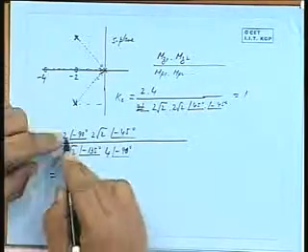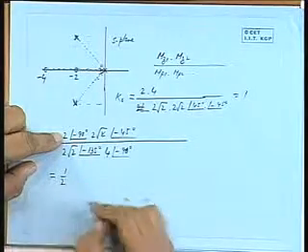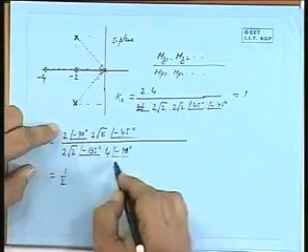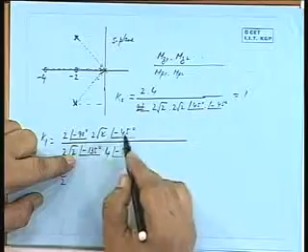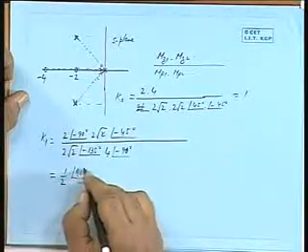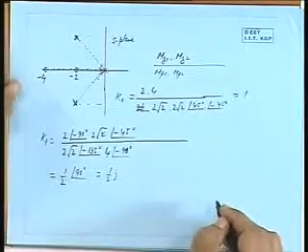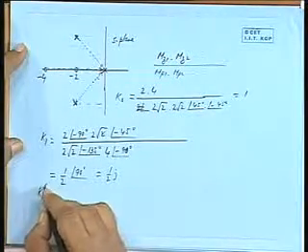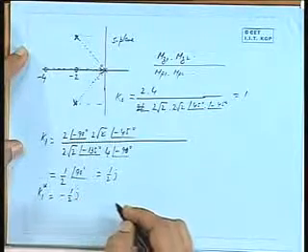So how much is it? 2 2s are 4, root 2 goes, so half, then minus 90 will get cancelled, minus 135 minus 45, so this will become plus 90. Okay, so that is half j. You can write either way. So k1 star similarly will become minus half j.